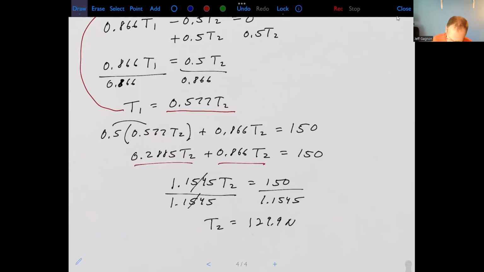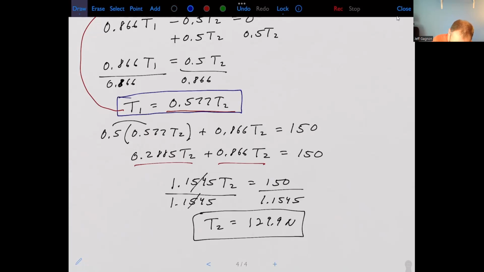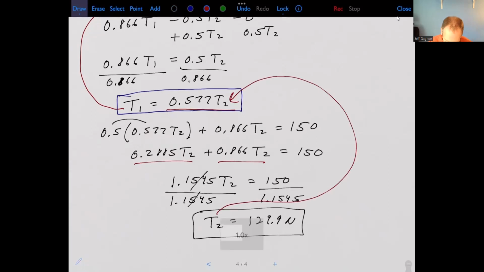129.9. And then if I go back, I can plug back in, and probably the easiest one to plug back into is the one that I already manipulated here. Remember, I solved for T1 in terms of T2 right there. So if I plug T2 back into that equation, then I can find T1.